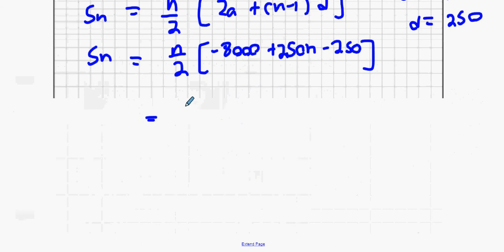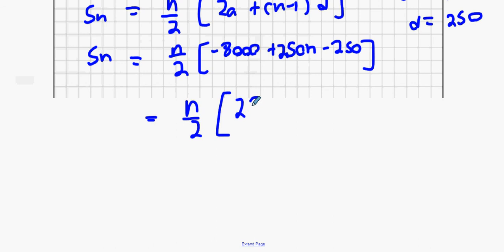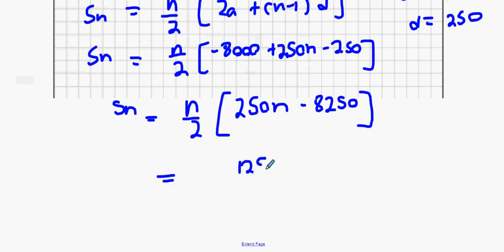Now, we're going to get n over 2 into 250n take away 8,250. Now, your calculator will work here. Calculator will do stuff for you here. But you should be able to divide by 2 and multiply it by n. What happens when you divide by 2? 125 and 4,125, then multiply by n, n squared and n.